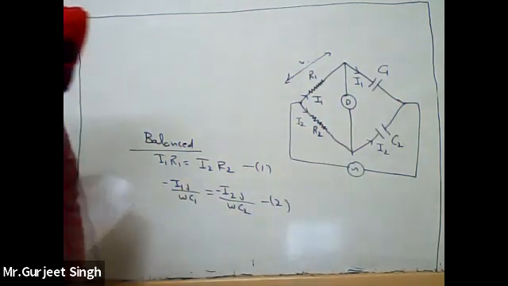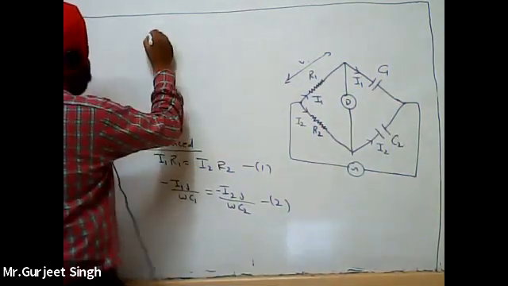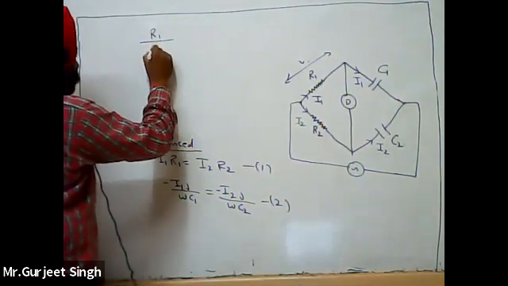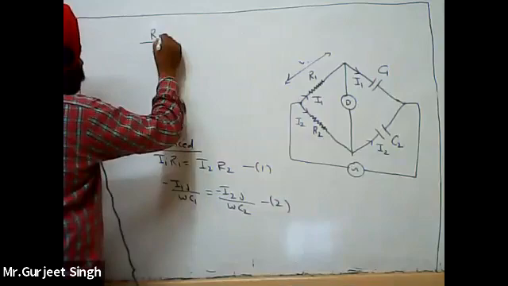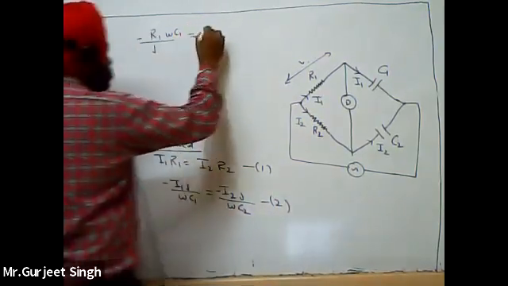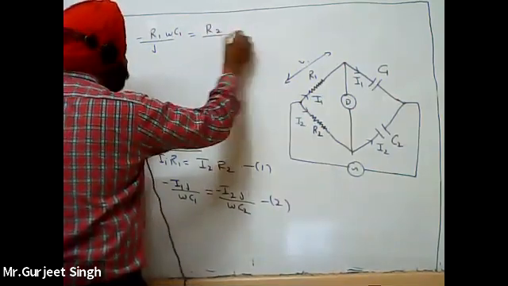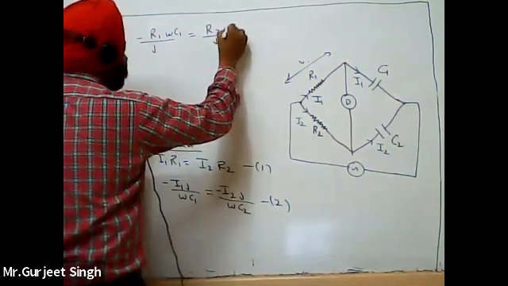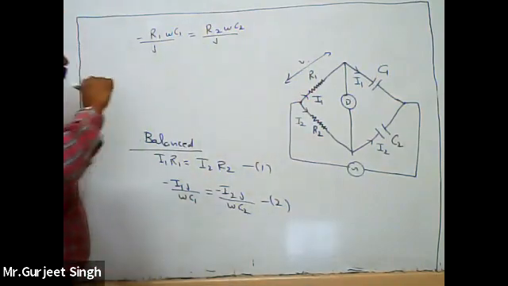When I divide equation one by equation two, I get R1 over j omega C1 is equal to R2 over j omega C2.